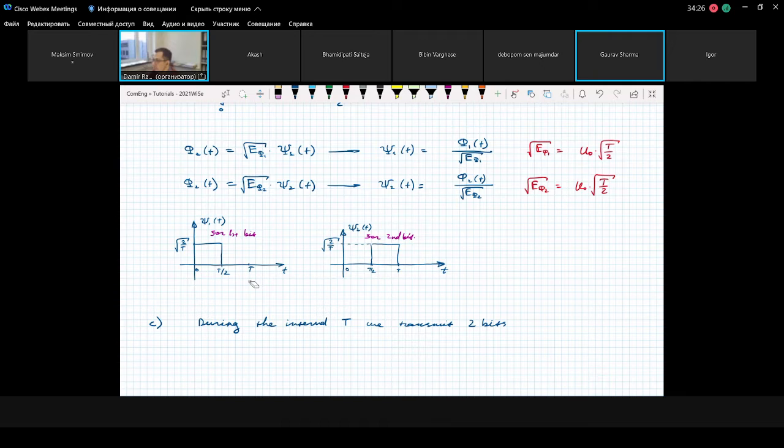Yes, these are non-orthonormal, as you have already proved earlier in part B. Yes, they are orthogonal but not orthonormal. So yes, for finding basis functions of such pulse shapes, we are going to use the same steps that you have shown here. Always?